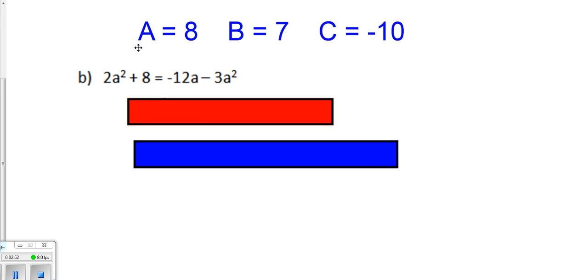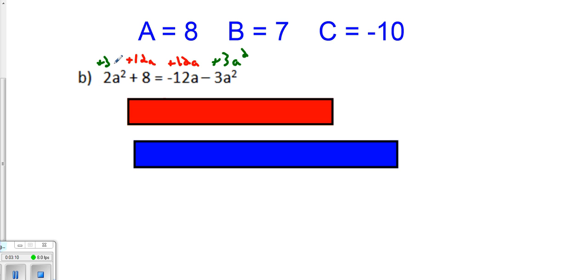Let's look at this one. Again, to get it set equal to 0, we need to add 12a to both sides. Add 12a over here. We also need to add 3a squared.